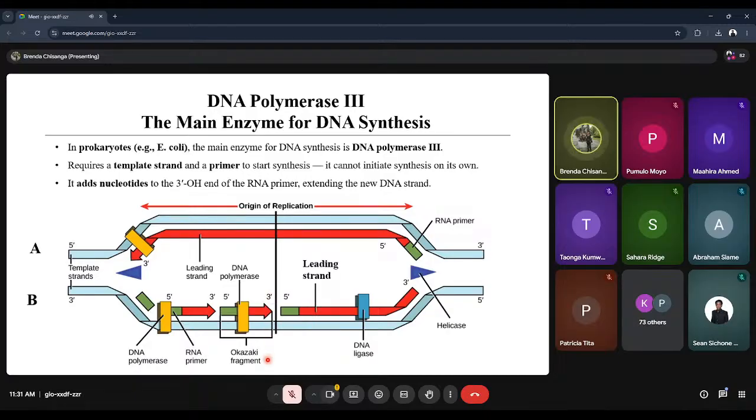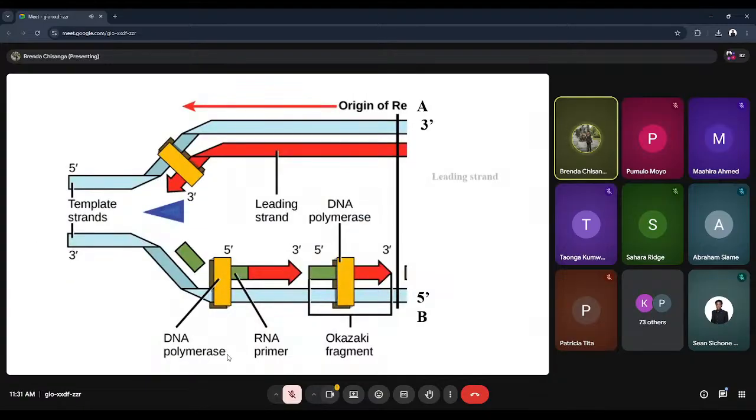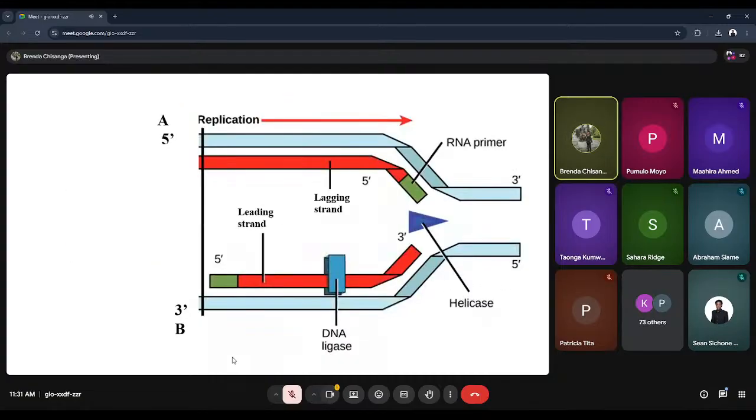When you're analyzing it, you must be able to picture it as a whole, not the way I'm doing it. I'm just splitting the diagram to make it easy to follow. So this is the leading strand, and this one is going to be the lagging strand. Let's look at the other part of the origin of replication.